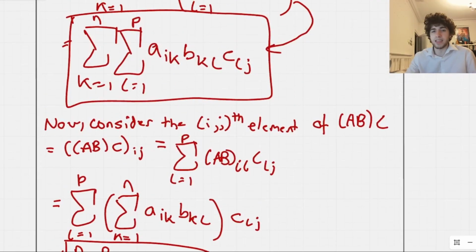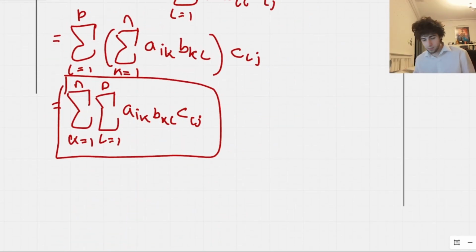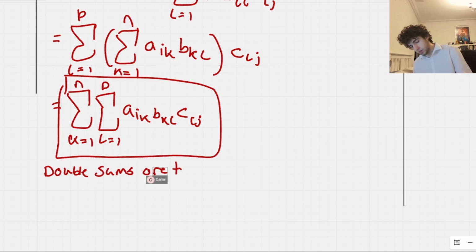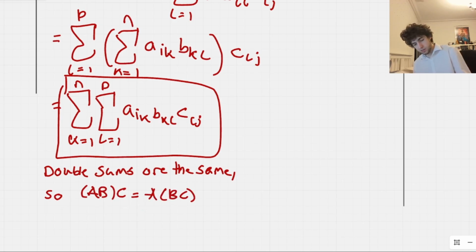So those two things are exactly the same, so we're done. Double sums are the same. So AB multiplied by C is equal to A multiplied by BC, the matrices ABC. I.e., matrix multiplication is associative.